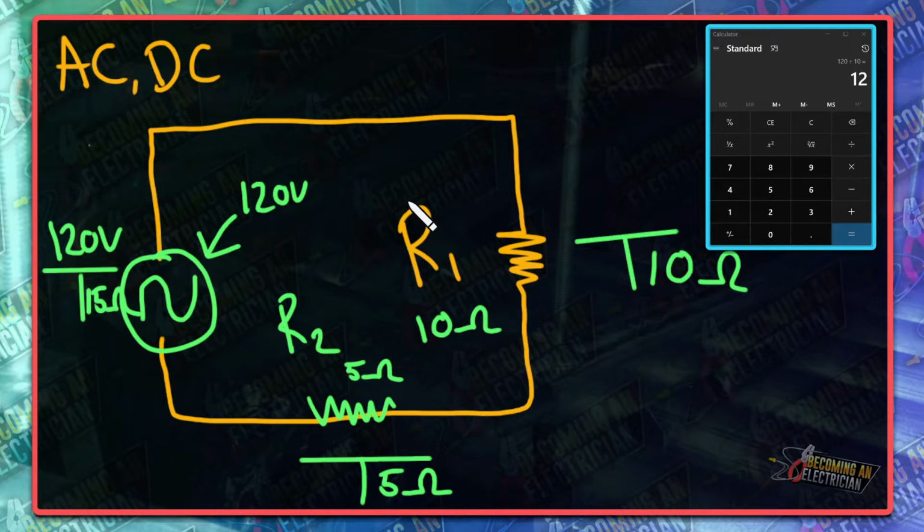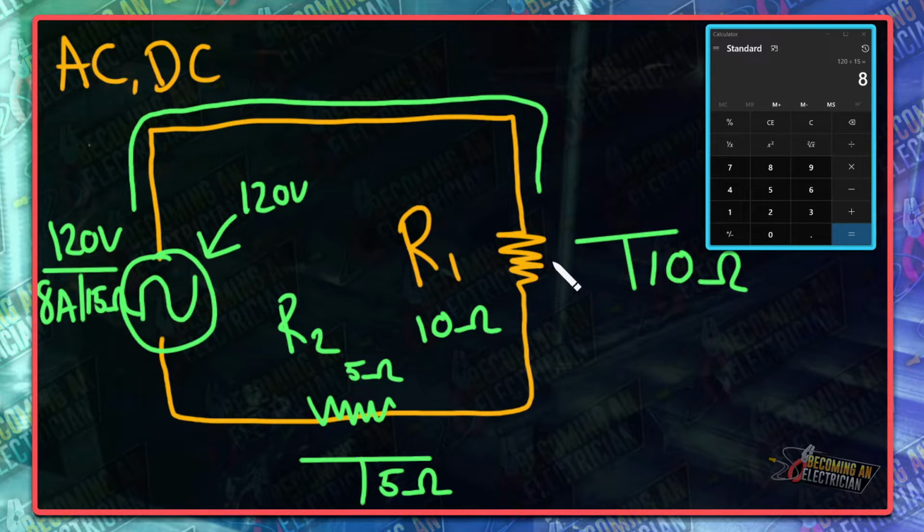And so now, again, let's just bring up our calculator. I already had it up. And so we have 120 volts divided by 15 ohms gives us 8 amps. All right? And so now, what I told you in a series circuit, amps never changes. So 8 amps is going all the way through the circuit the whole time, okay?